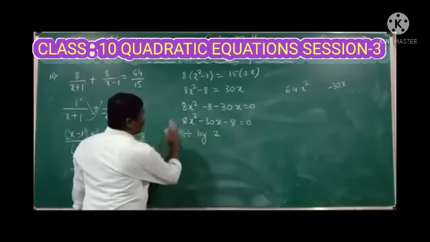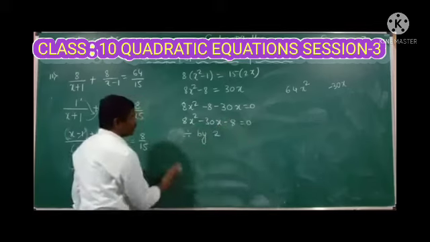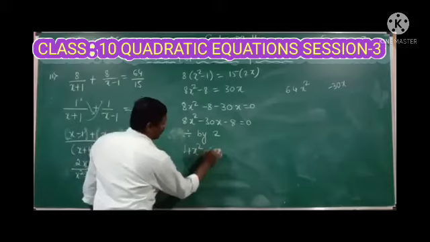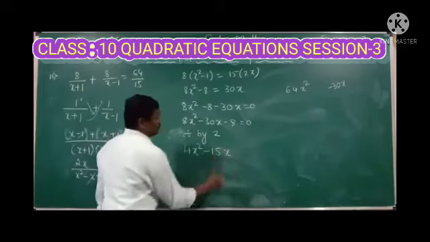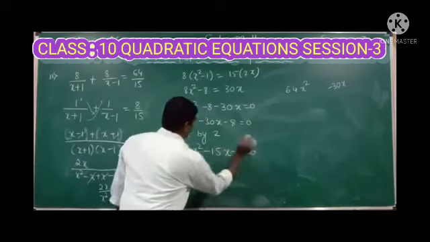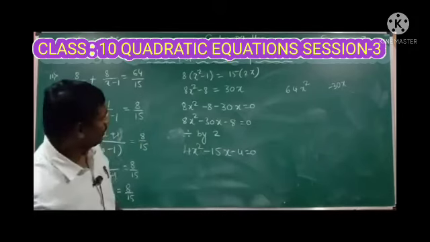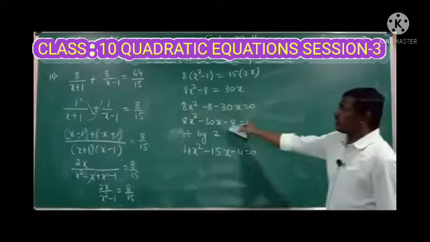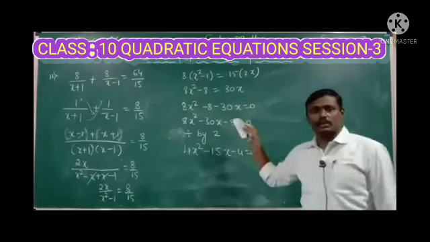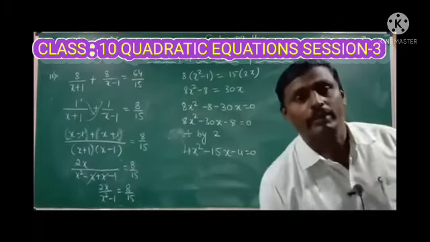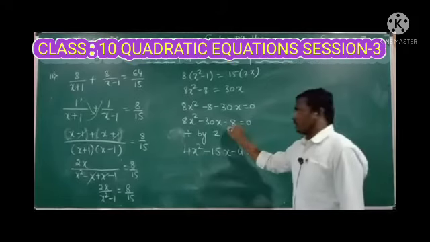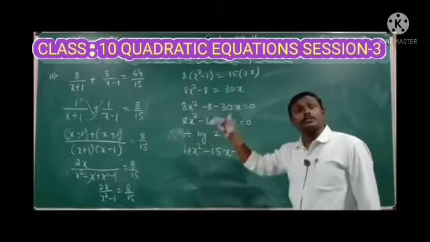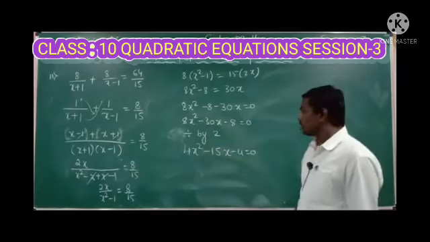Once we divide the whole equation by 2, what do we get here? 4x square minus 15x minus 4 is equal to 0. Okay. For this quadratic equation also we can find the roots, but it will be more difficult. So again we are converting to the simplest form, right?